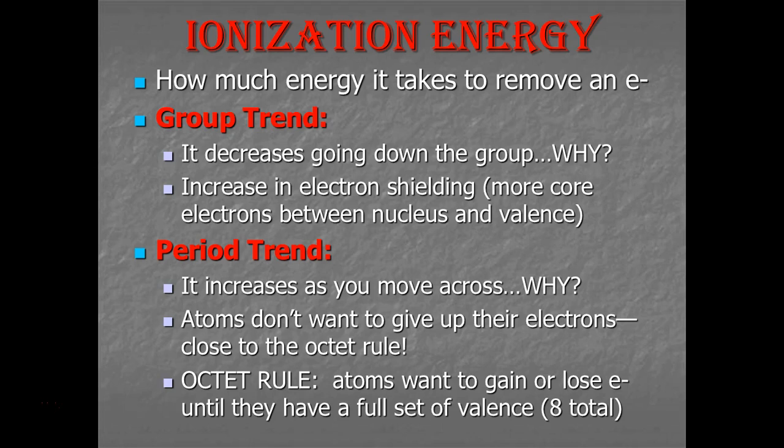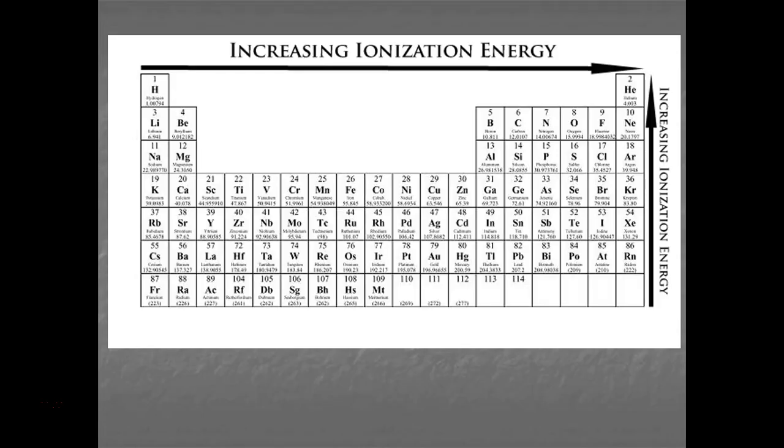And so really, ones that are on the right side of the periodic table want to gain electrons, and so they won't be giving them up. So generally speaking, it's going higher and higher. And here, the noble gases really don't want to give up their electrons because they're noble gases, which makes them especially stable. So they're not going to want to give those up at all.